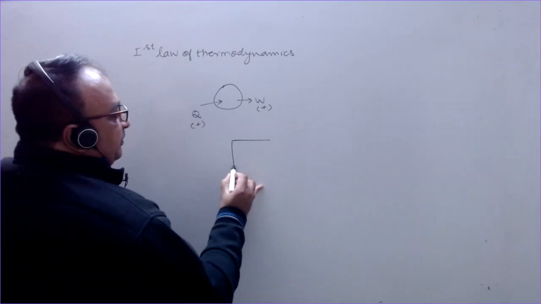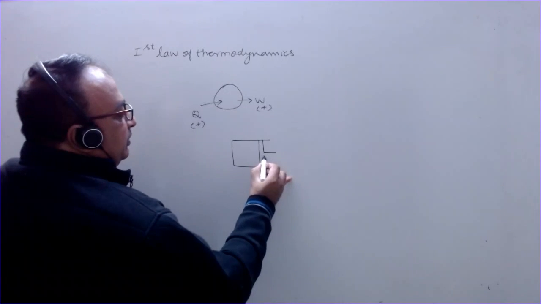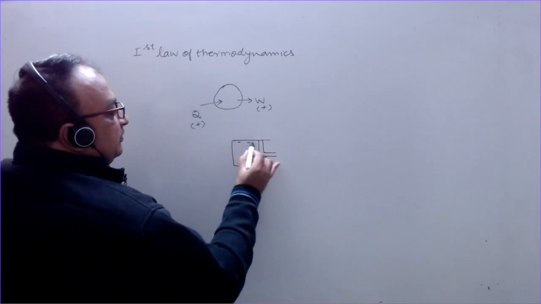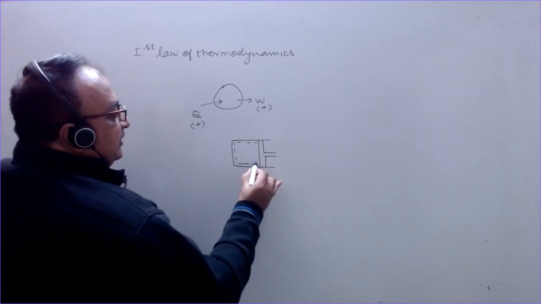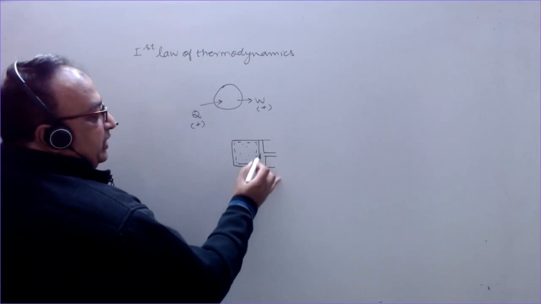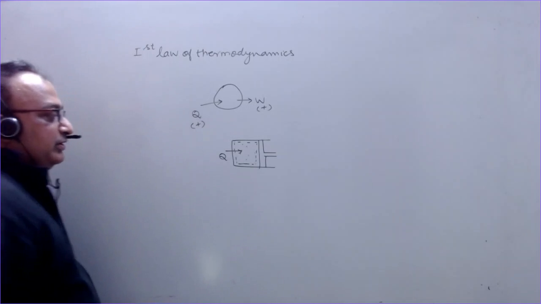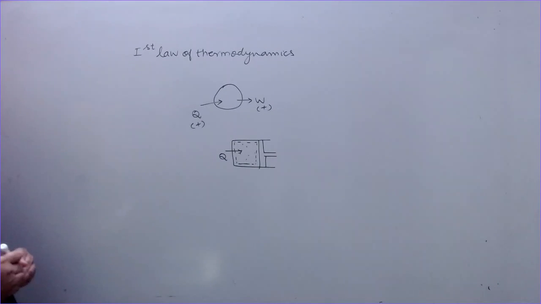Now what does this mean? Let me explain this with the help of this piston cylinder example. This is the system. The gas contained inside this is taken as the system. This is a system boundary, fixed boundary and the movable boundary. If you give heat to this system, that means heat is given to the ideal gas that is contained.